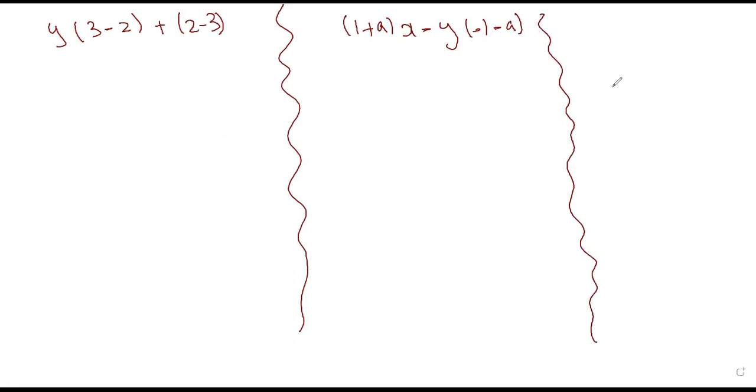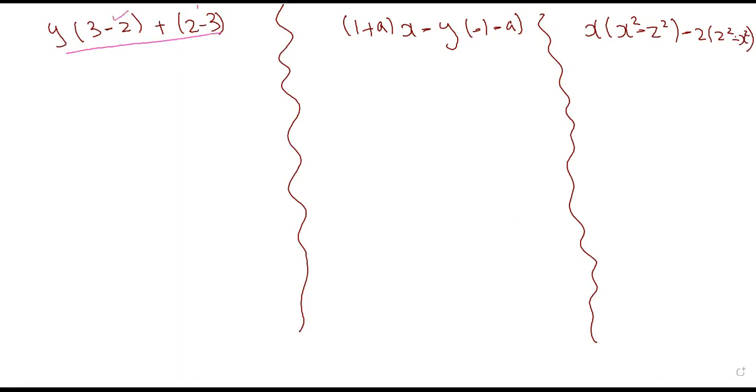And the last one is x square minus z square minus z square minus x square. Okay, let's try factorizing this one.